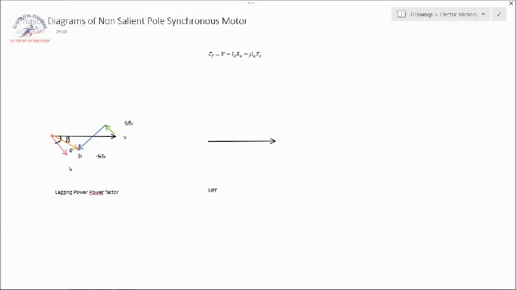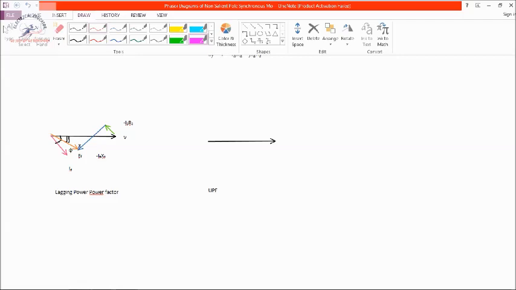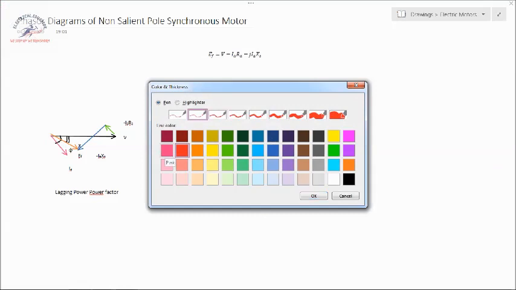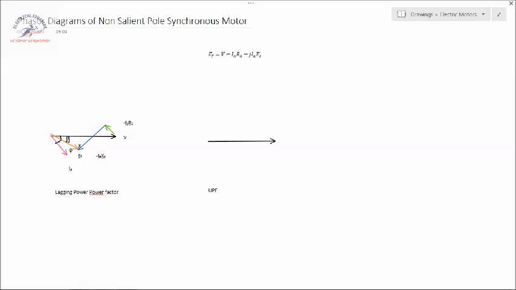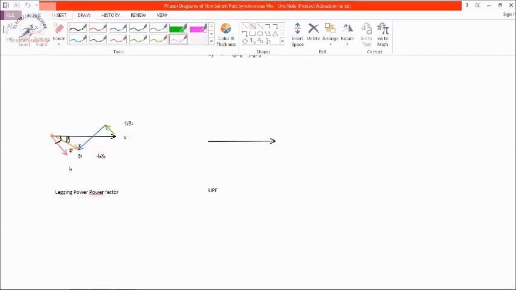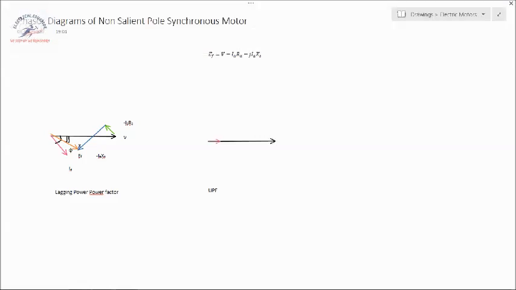As far as possible, I will try to follow the same colors. Vector Ia should be in phase with the vector V, so I will draw it here.